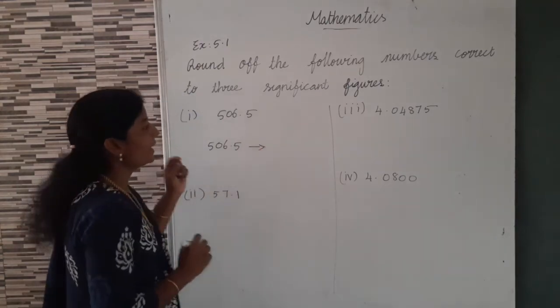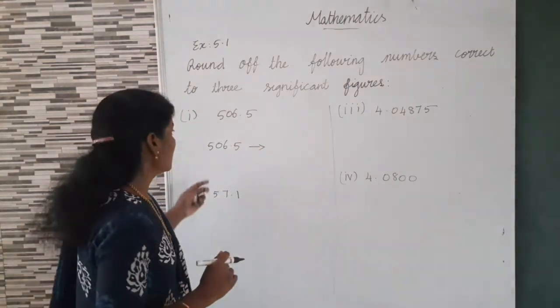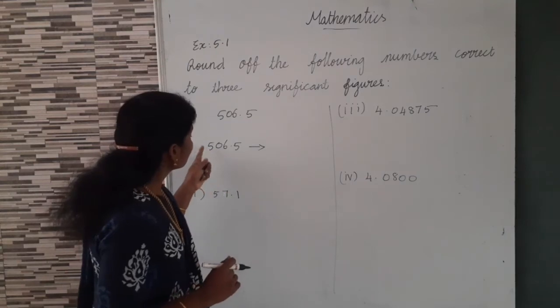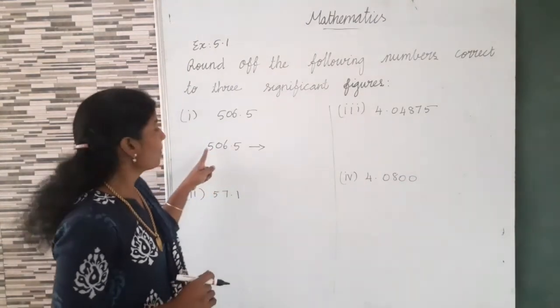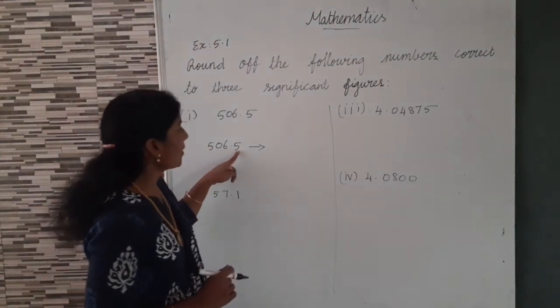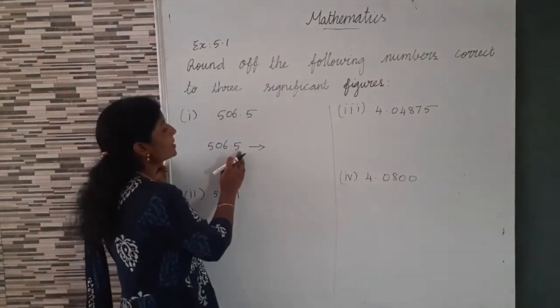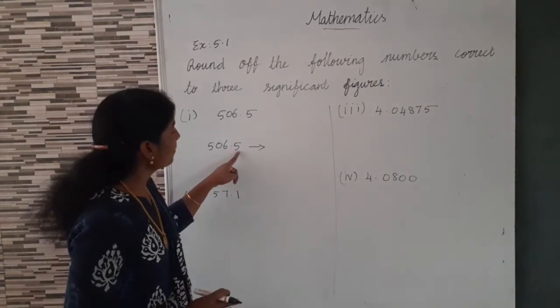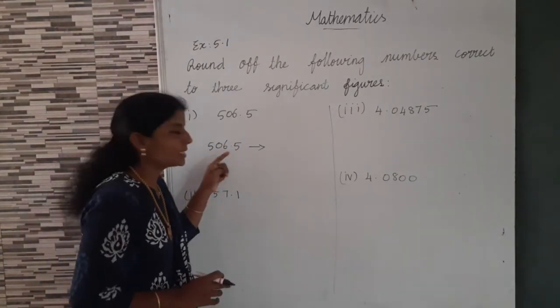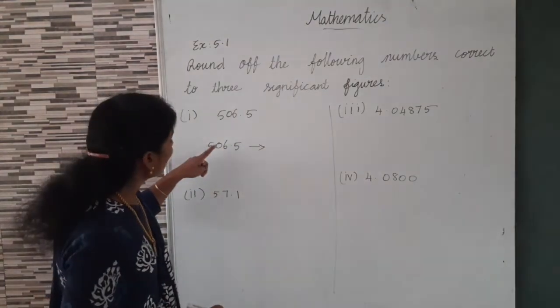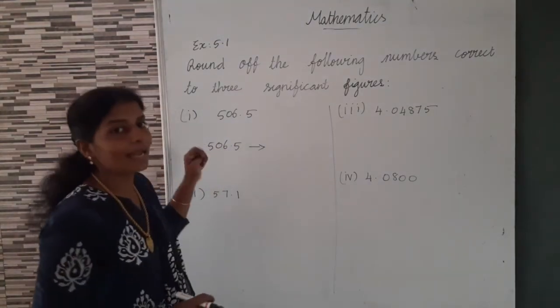Okay, we need only 3 significant figures. 506.5 means after the point, listen, after the point we have 5 or more than 5 means we can add 1 digit here, isn't it? We can add 1 digit in nth place.